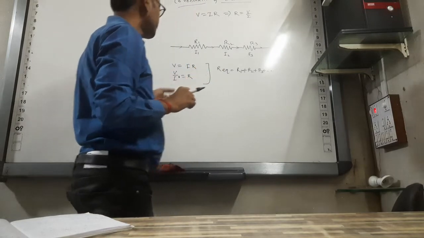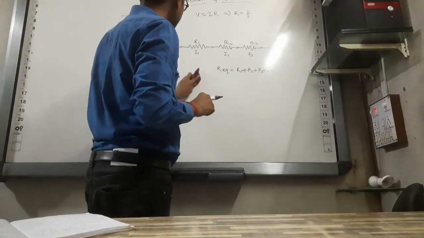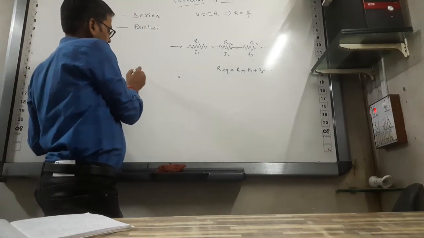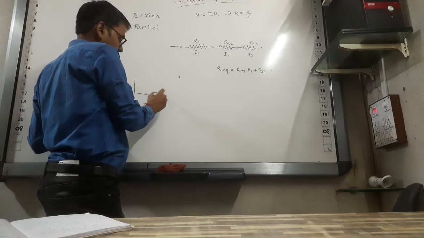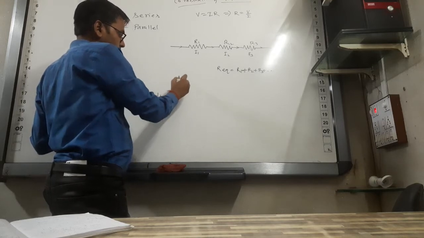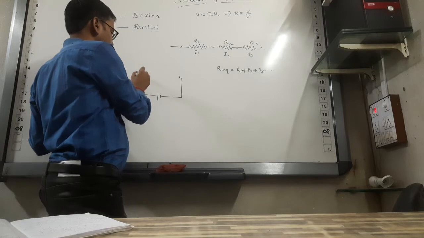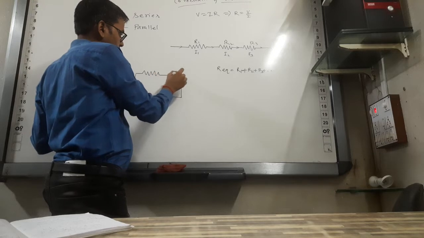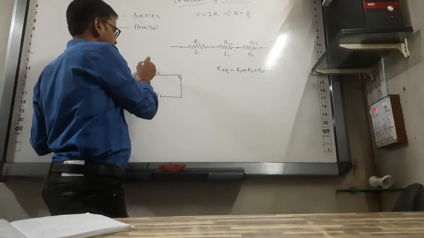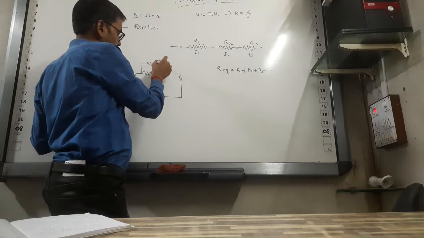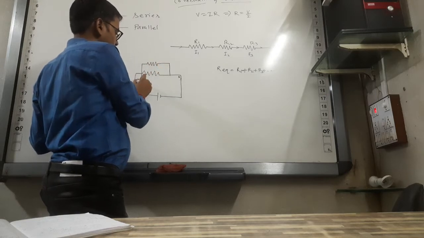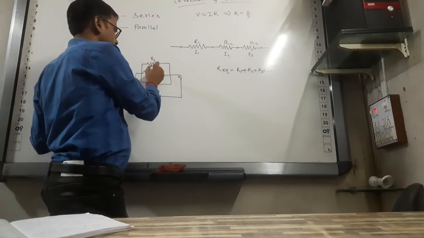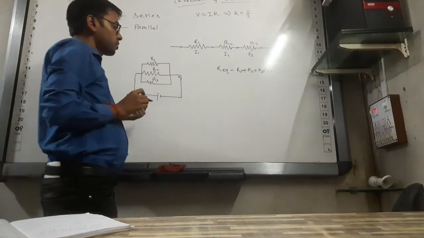For parallel combination of resistances, suppose the resistances are R1, R2 and R3, and so on.